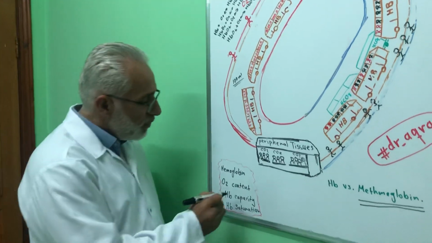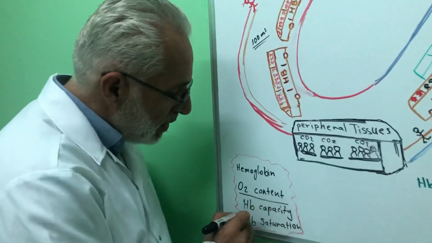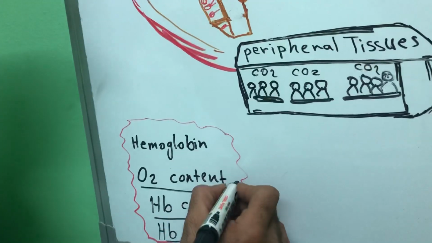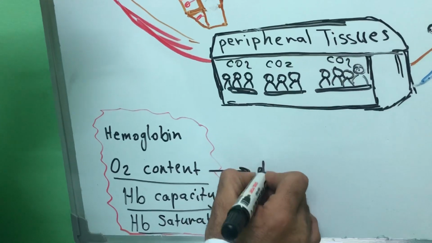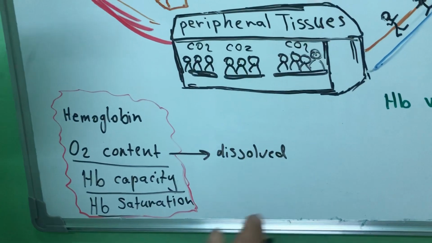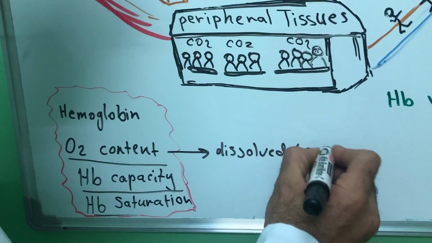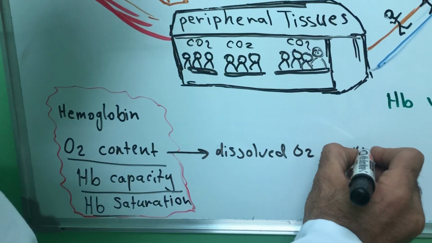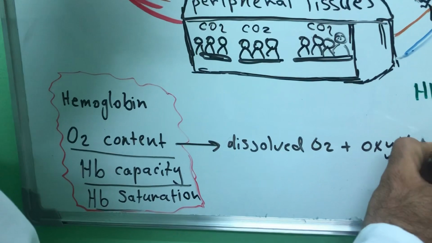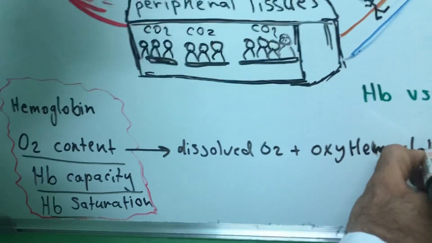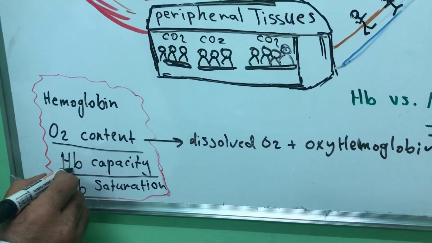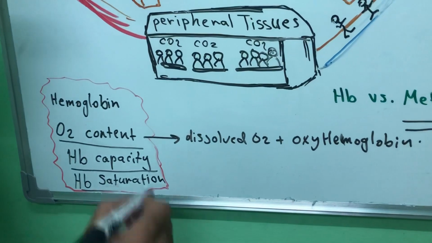Here, we have to distinguish between three important terms. The O2 content of the blood involves the dissolved O2, only 1 to 2% as I mentioned, plus oxyhemoglobin, which is the oxygen bound to hemoglobin in the blood. Another term is the hemoglobin carrying capacity of oxygen.